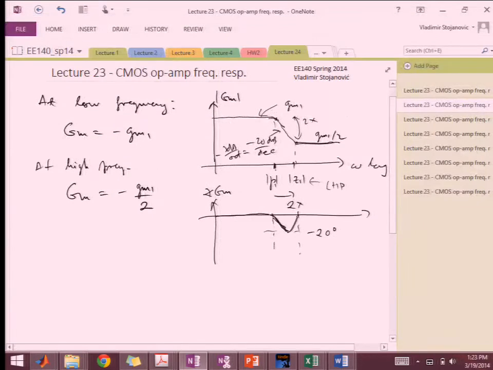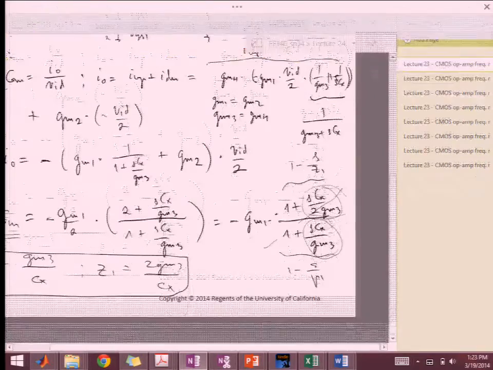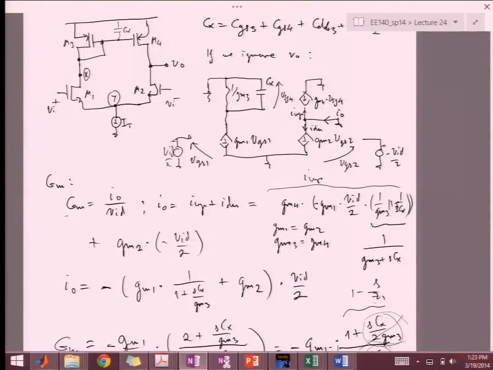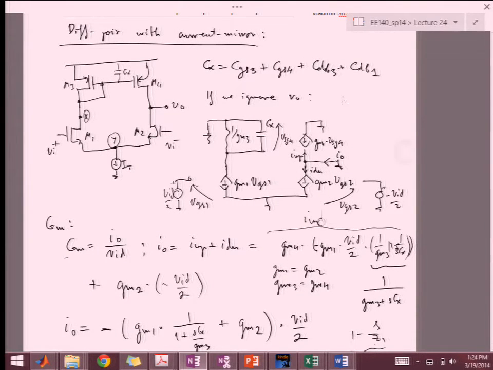If we take a look at the previous diagram, ignoring the zero, we can always find what the pole is, right? How can we do that very quickly? Can anybody tell me immediately what the pole is? How would you do that?